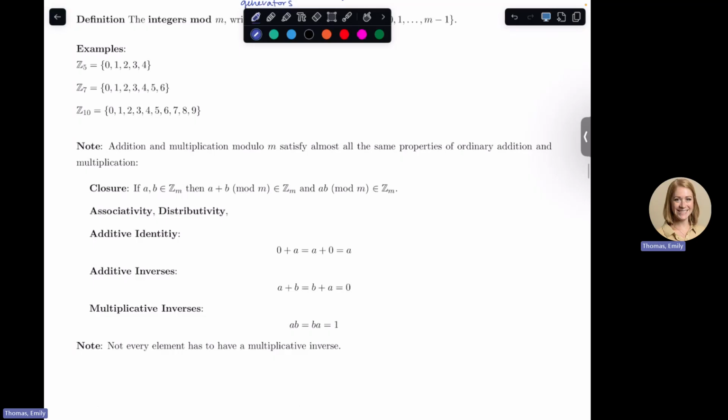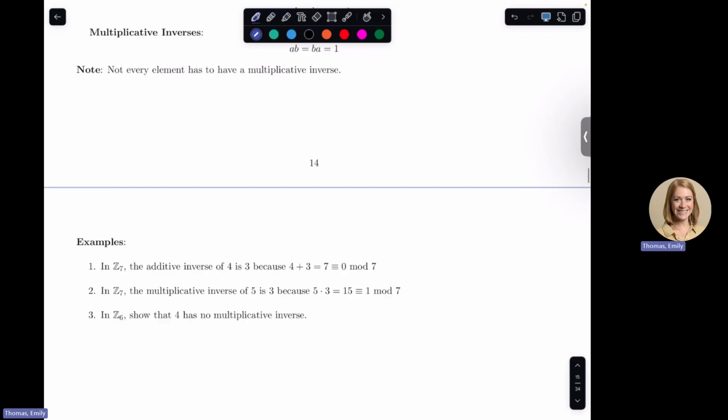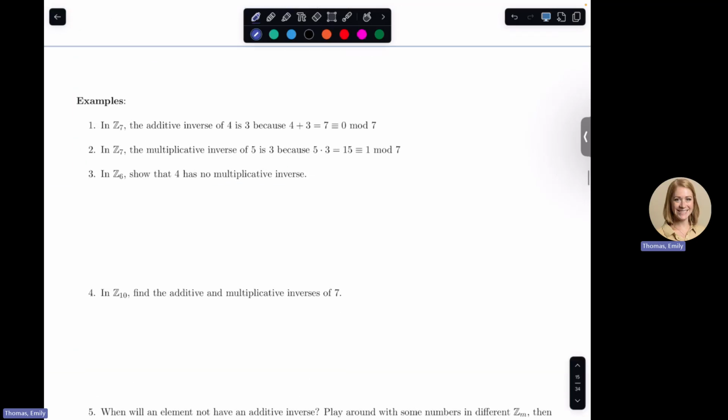This is interesting in these groups because it's not like the fraction, right? If we're in the real numbers, a multiplicative inverse is the reciprocal of your number. But when we are in these things, they don't always have to have multiplicative inverses, and we're going to talk about an example where there isn't one in just a second.